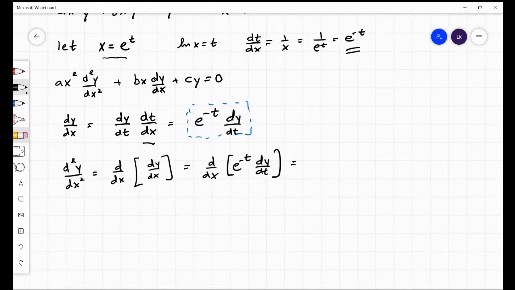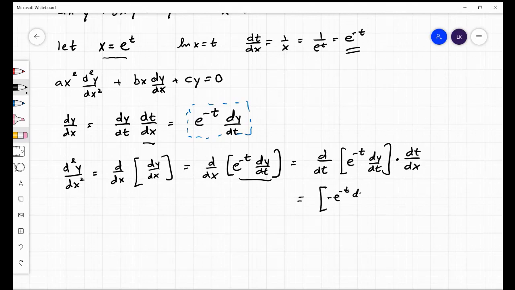So this is equivalent to the derivative of that with respect to t first, then multiply by the derivative of t with respect to x. So product rule for the stuff inside the brackets, differentiating with respect to t, and then times dt dx, which we already determined as 1 over x or e to the minus t.